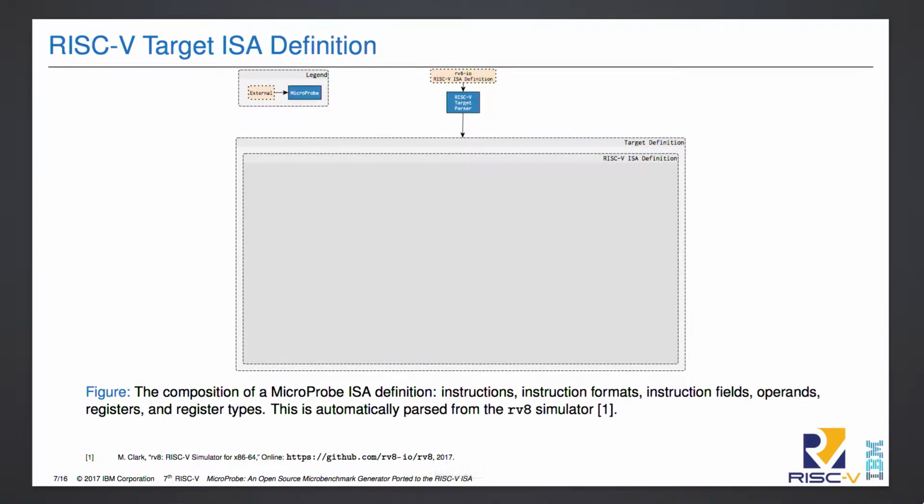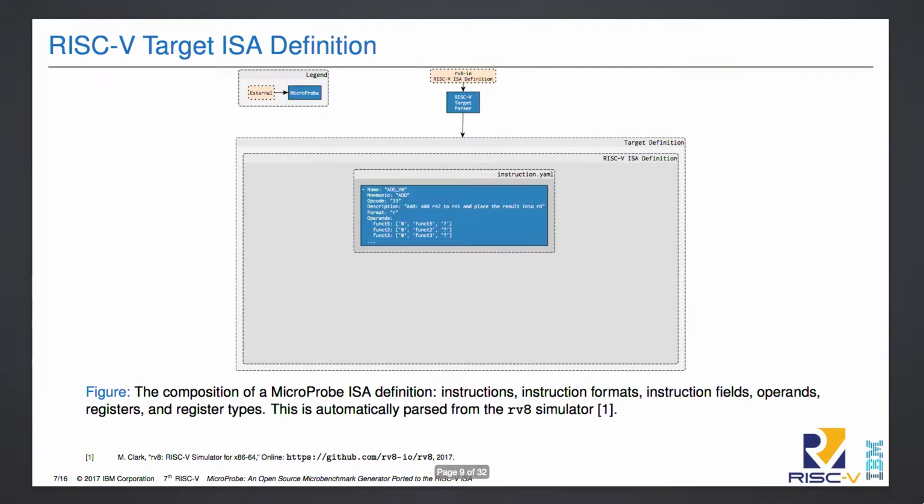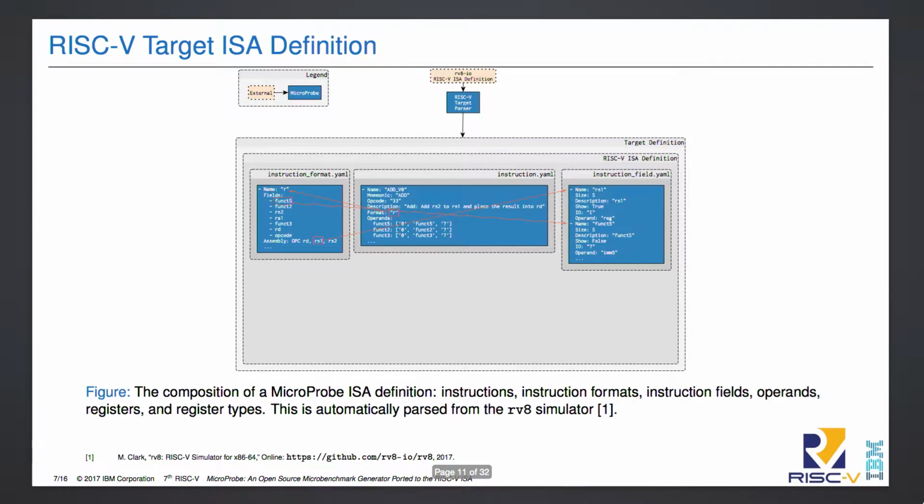In terms of expounding on what that RISC-V ISA definition looks like, it's a collection of different YAML files. In this case, you have something which describes what every instruction looks like. There's some mangling on the end of this, which is more of an internal thing for us. But basically, you have something like an add instruction that is an R-type instruction. All R-type instructions have different instruction fields.